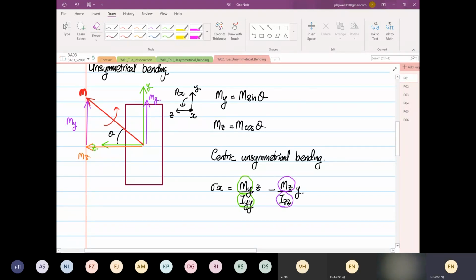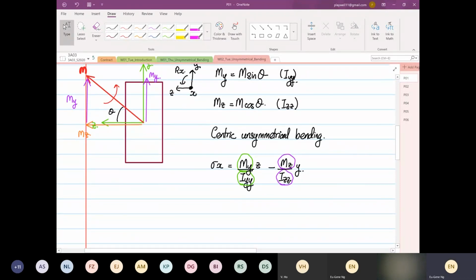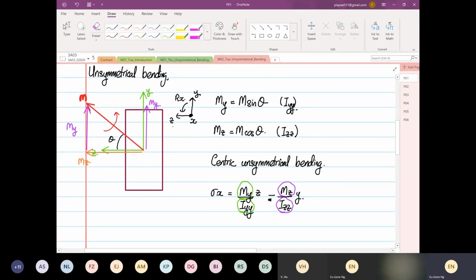So a good practice, when you see My, you put a bracket: this is going to be the second moment Iy, and Mz is going to be taken through the second moment of area about the ZZ axis. So that's what I normally do. You make fewer mistakes. Now, why is this minus? It is because the z-axis over here is pointing towards the left-hand side. So that is why in vector form it's minus.